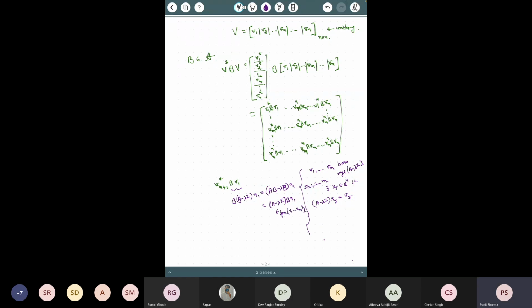This is the same as B V1, right? Now if you take Vm plus 1 star of this, then clearly it would be 0, right? But this is true for all. So is it okay? Is this argument fine? Did you understand why this term would be 0? Yes, sir.